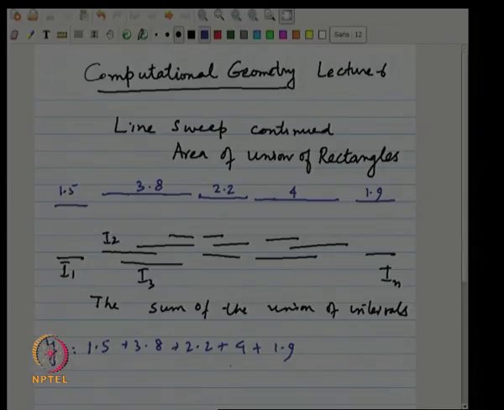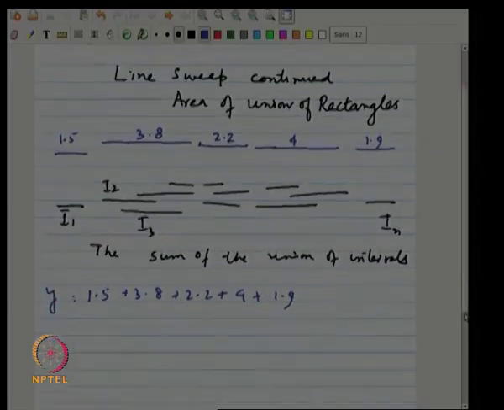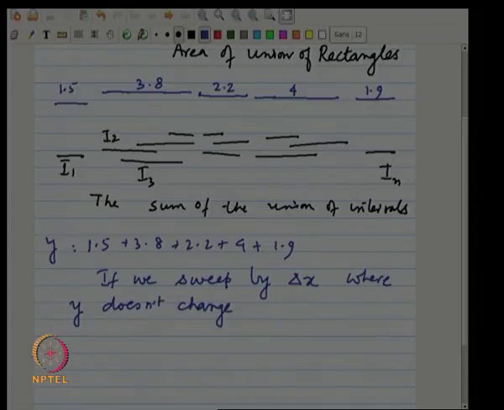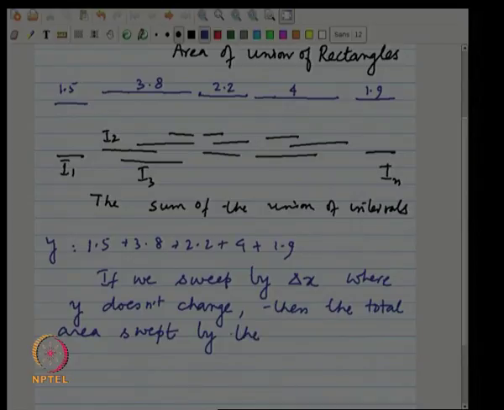And if we sweep by amount delta x, where y does not change, then the total area swept by the vertical line equals whatever the sum is, y times delta x. That is all I am saying.